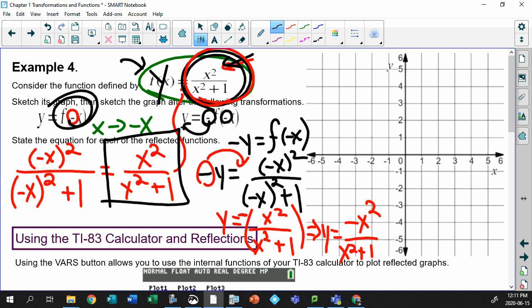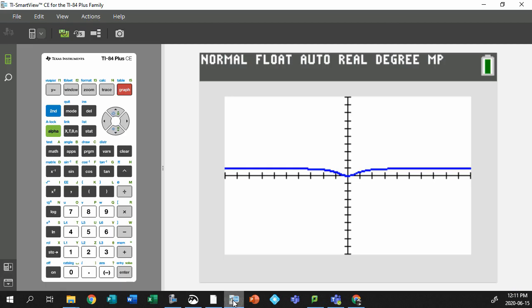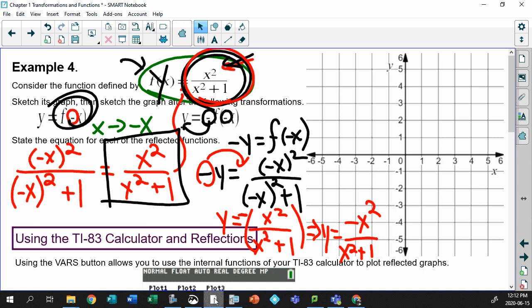Why did we get the exact same graph back? Because look, if I flip this horizontally to this side, wouldn't I just get the same graph right back? So horizontally, there is no change. Interesting. Fascinating.